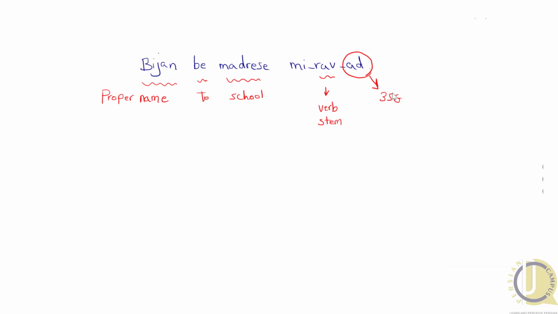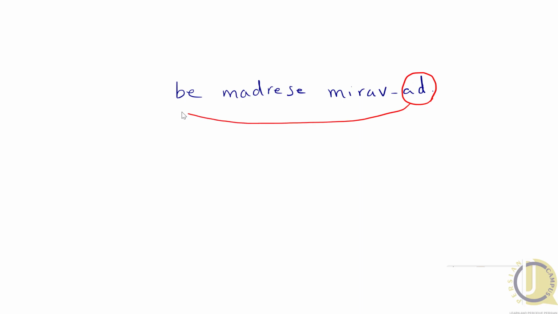The sentence means Bijan goes to school. But the suffix ad is not able to say if it is Bijan or another person who goes to school. So we need the proper noun or the noun at the beginning of the sentence.